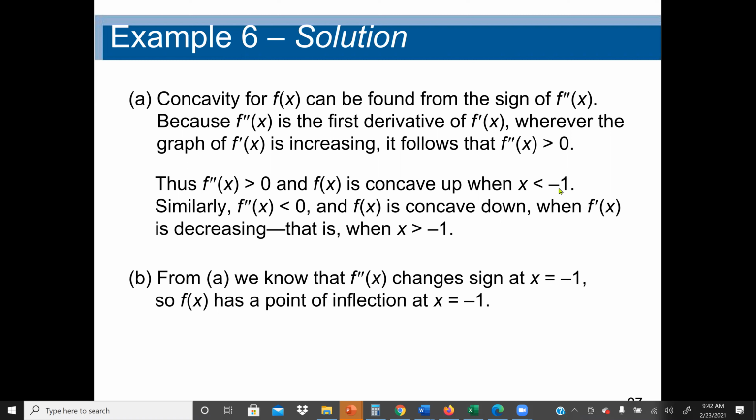Less than -1, we have concave up, and greater than -1, we have concave down. Which means the point of inflection, where the change occurs, is at -1. So we say the second derivative changes when s is -1. So f at s has a point of inflection at s equal to -1.